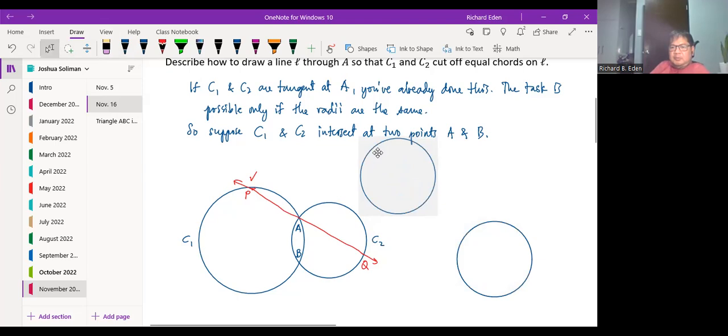That will be brought to another circle. So of course it rotates 180 degrees, but the image would be another circle. What's going to happen is that point Q's image will be point P. So that means if point P is in C1, then point P is also going to be in the image of circle C2.